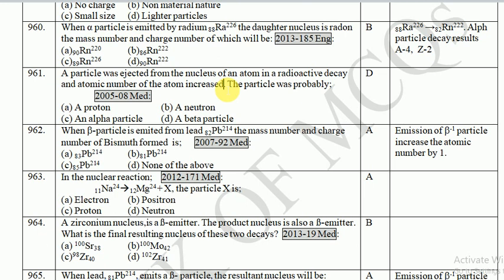In beta decay there are two possibilities, electron and positron.